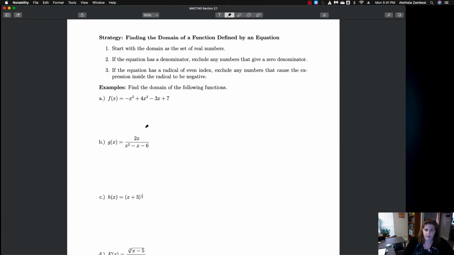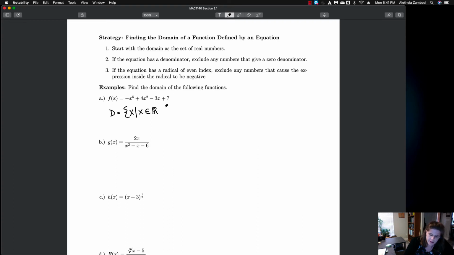There are two ways to notate that. The first one is set notation. Set notation is that your domain is all values of x, then we draw a vertical bar, and those are the words "such that" x is a real number.